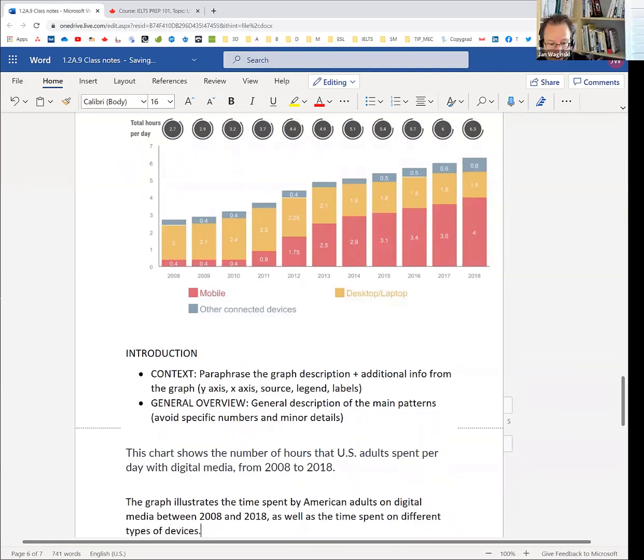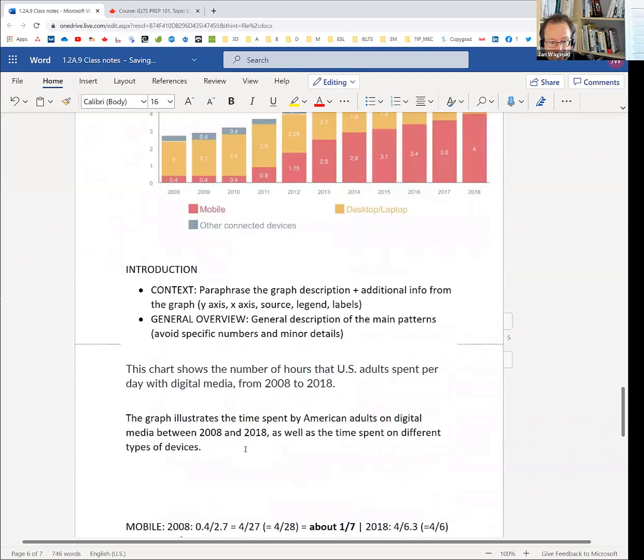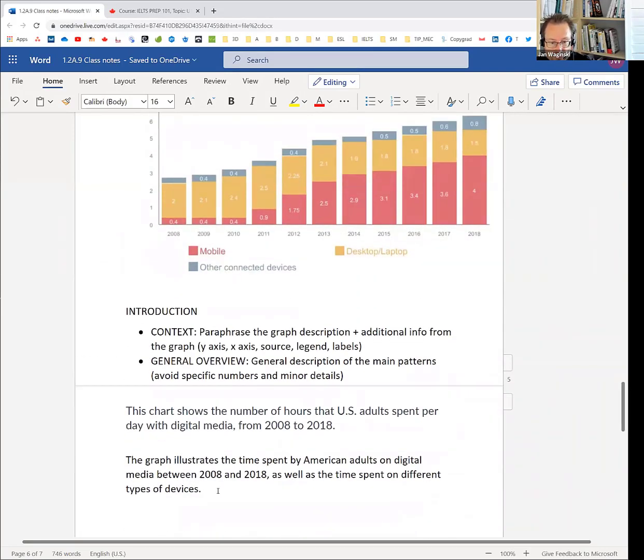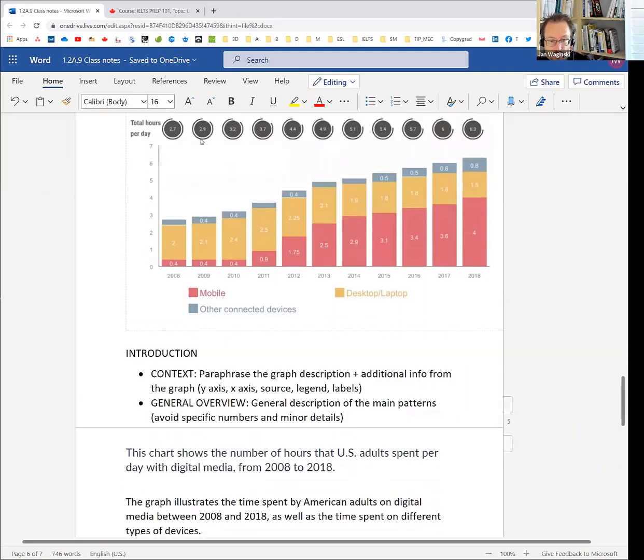We'll do it like this, okay? As well as the time spent on different types of devices. So we've got total time and time by device type. That's the two things.